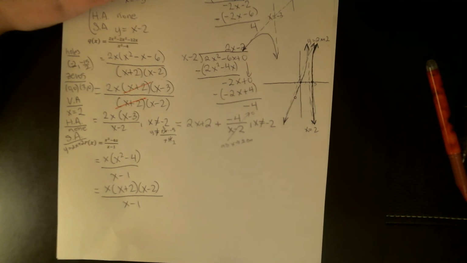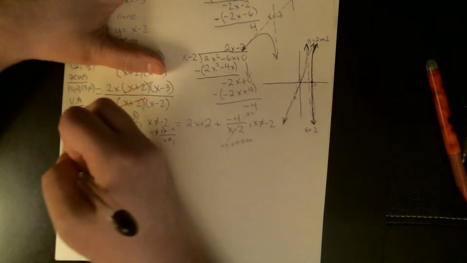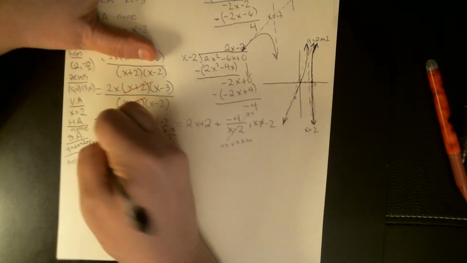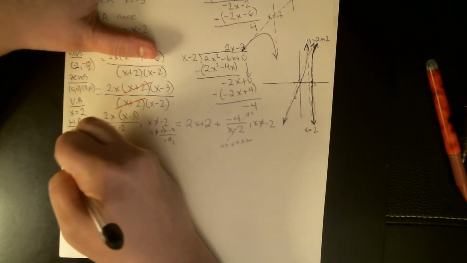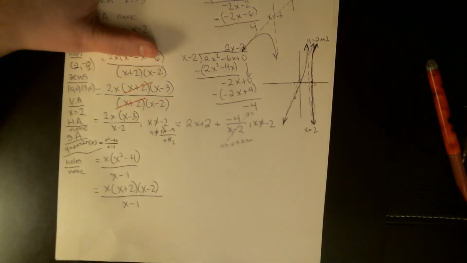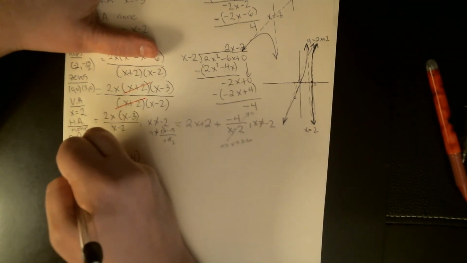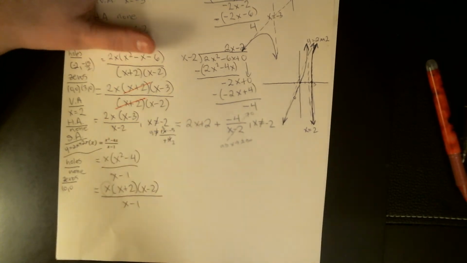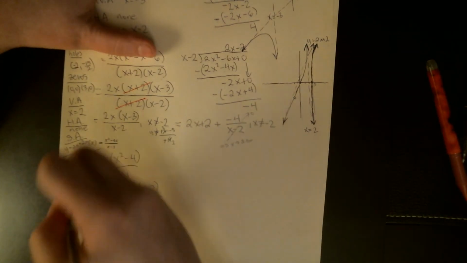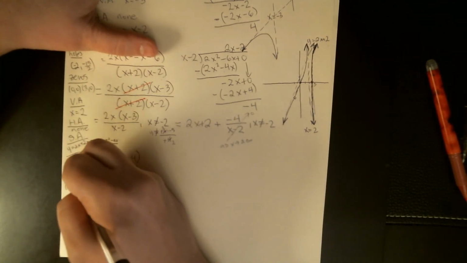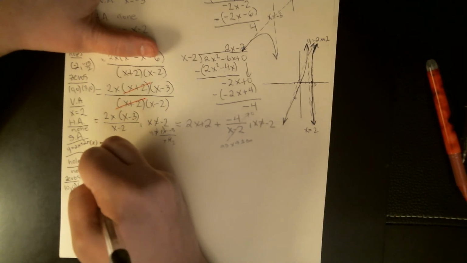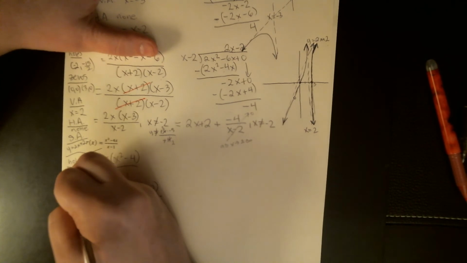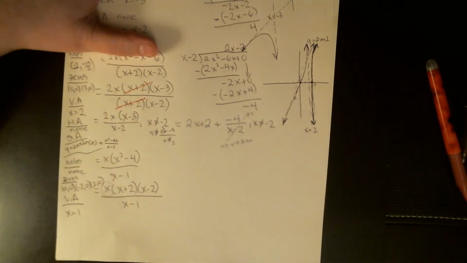Okay, so we have, let's see, holes, none. We have zeros for sure at 0. Again, don't neglect this x sitting out in front. It does tell you an x-intercept. At negative 2 and at 2, we have a vertical asymptote at x equals 1.